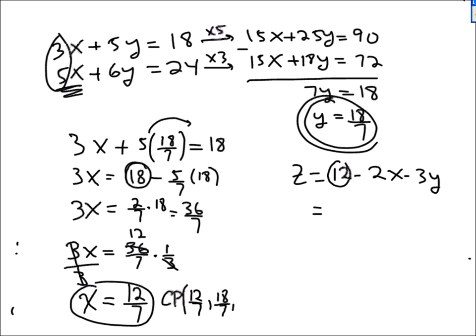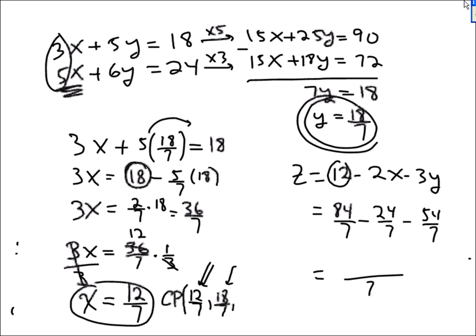Well, everything's over 7 except the 12. The 12 is 84 over 7, minus 2x's, minus 24 over 7, minus 3y's. 3 times 18 is 54 over 7.